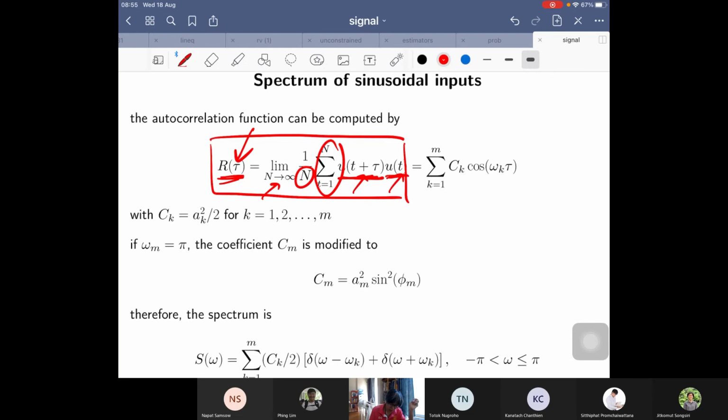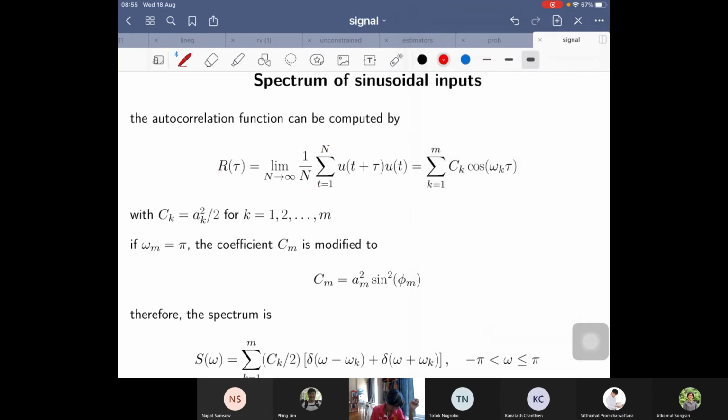Again, there's a lot of detail here, but I just state the final result: your autocorrelation function turns out to be the sum of cosines at omega k frequencies, where the coefficient c_k is simply the magnitude of the sinusoidal input squared, and then half.